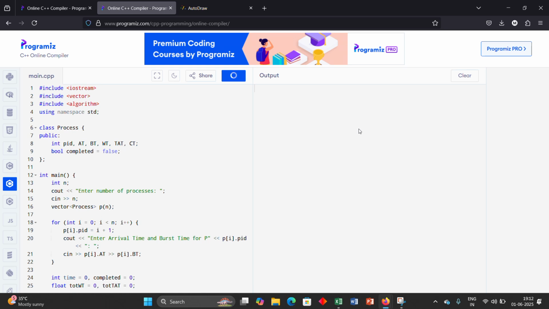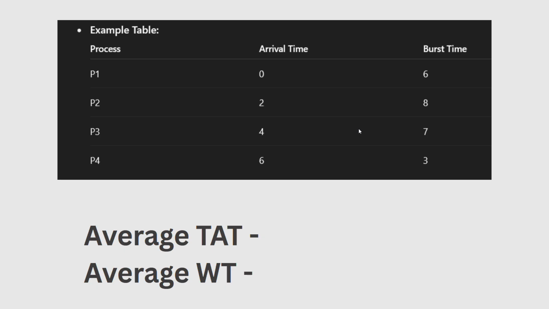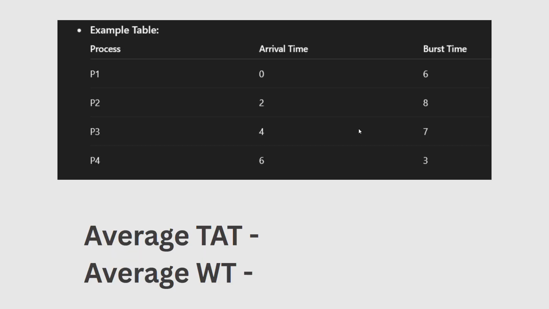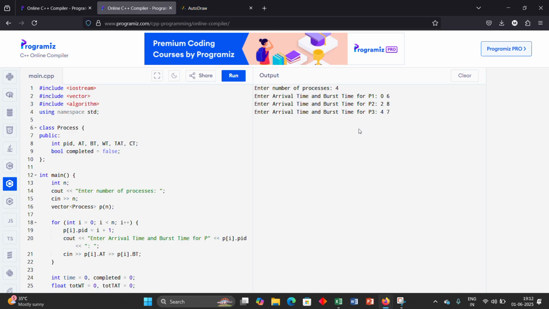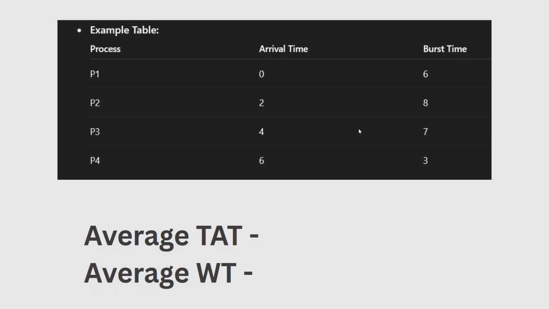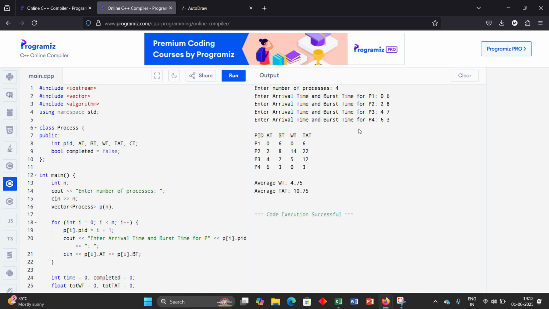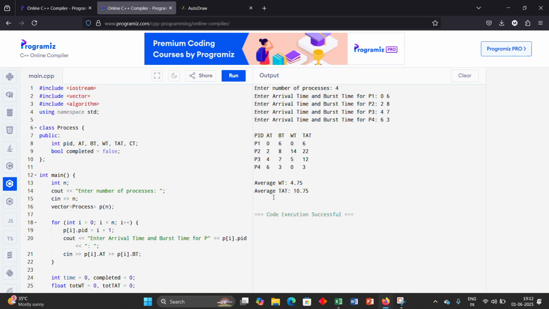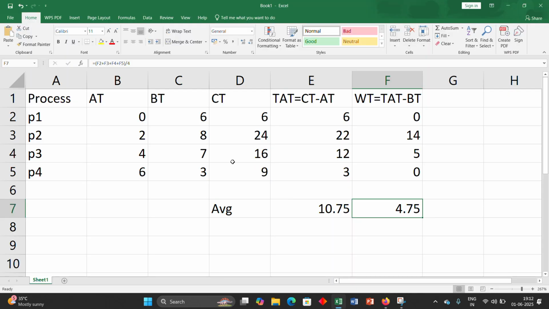We have four processes, with arrival time and burst time 0 6, 2 8, 4 7 and 6 3. So this is the table, and this is our average waiting time, which is 4.75. We can verify it using the table, and the average turnaround time is 10.75.